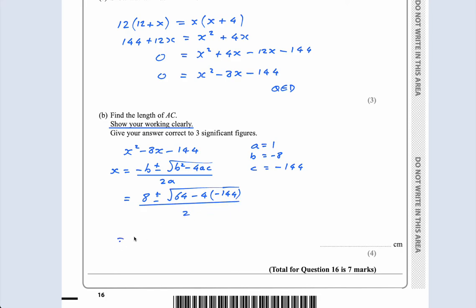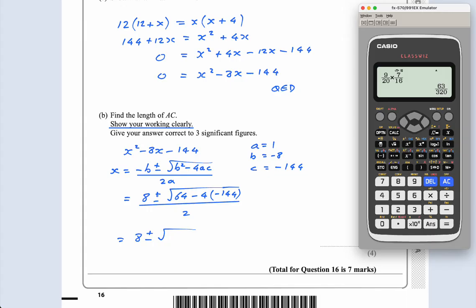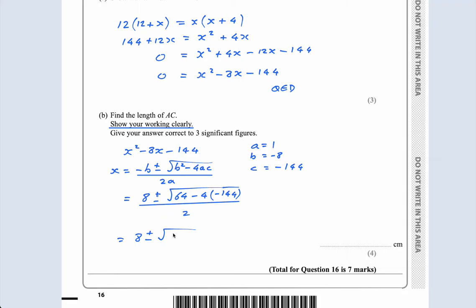So I have 8 plus or minus the square root of 64 plus 4 times 144, 640. It's plus, guys, because minus times minus is plus. So x is equal to, and I actually feel they haven't given me enough space here, but whatever.